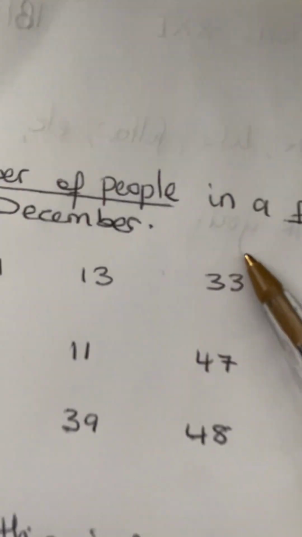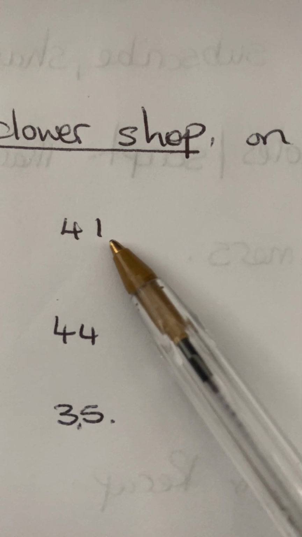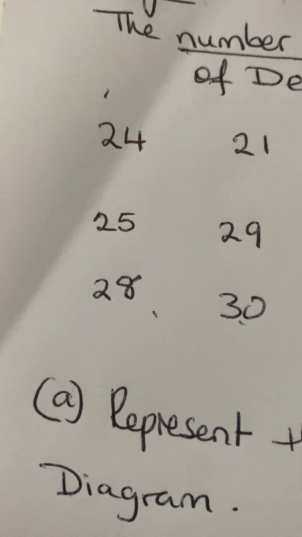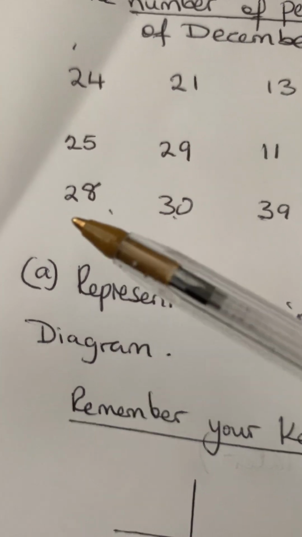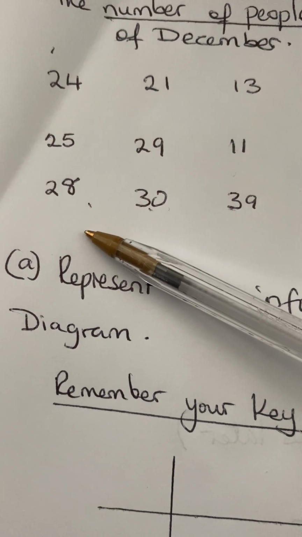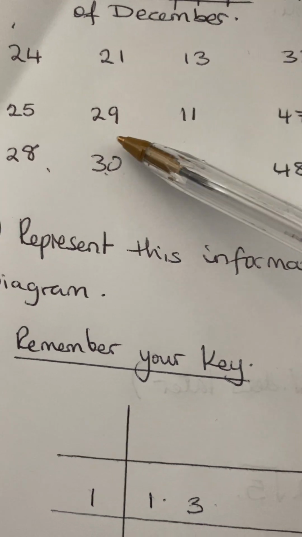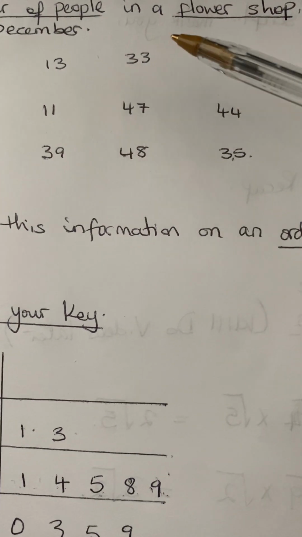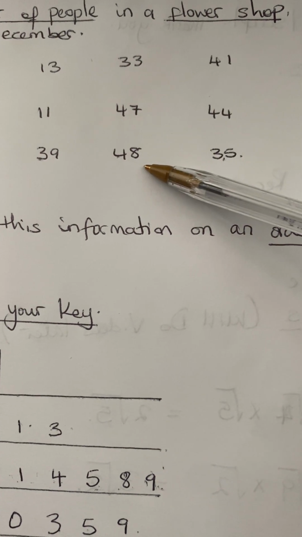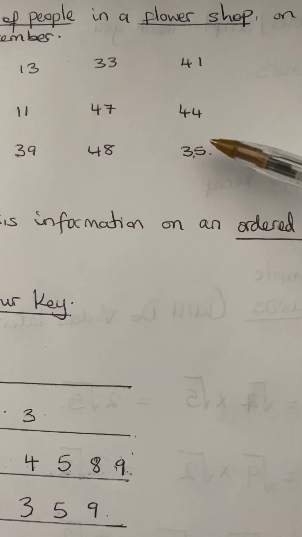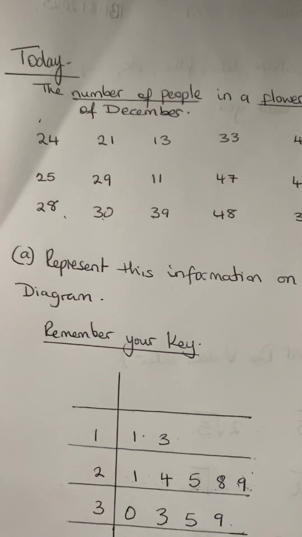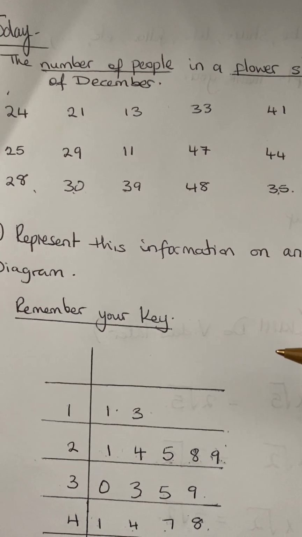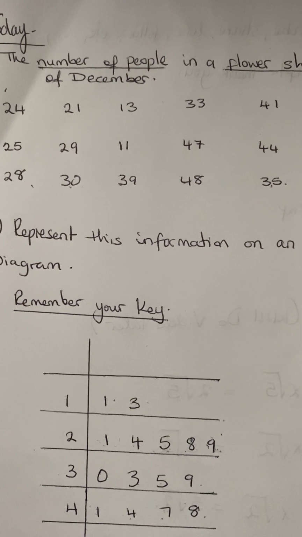The number of people in a flower shop on the first 15 days of December is this data here: 24, 25, 28, 21, 29, 30, 13, 11, 39, 33, 47, 48, 41, 44, and 35.